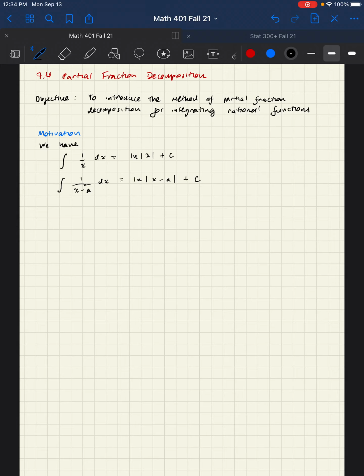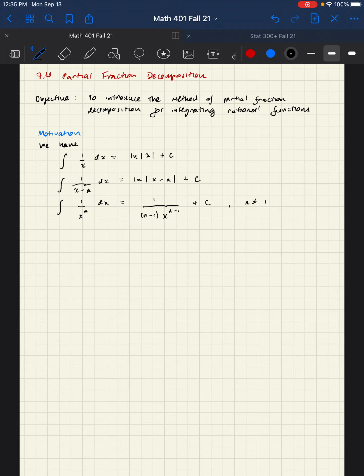And we even have the integral of 1 over x raised to the n power dx is equal to 1 over n minus 1 times x to the n minus 1 power plus c, given n is not 1. So as long as n isn't 1, this is just basically a modification of the power rule.